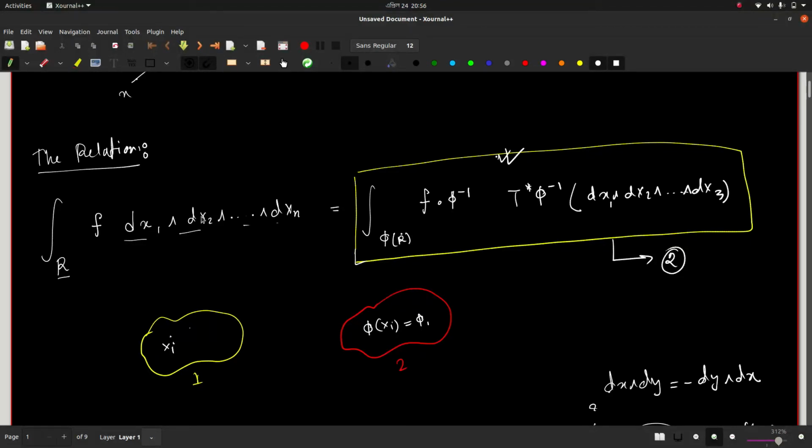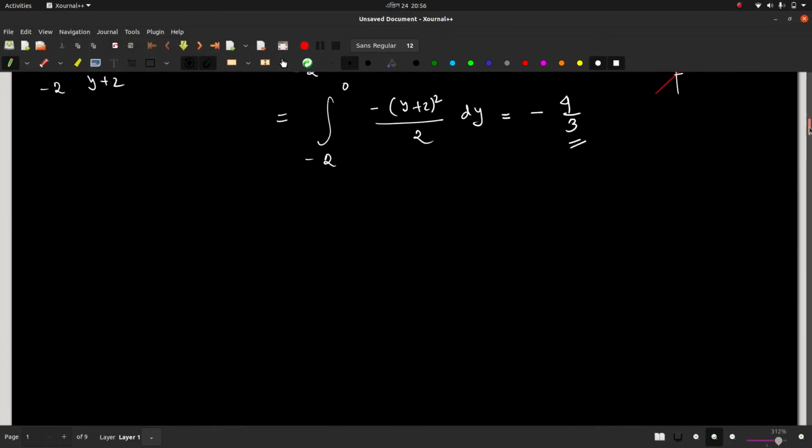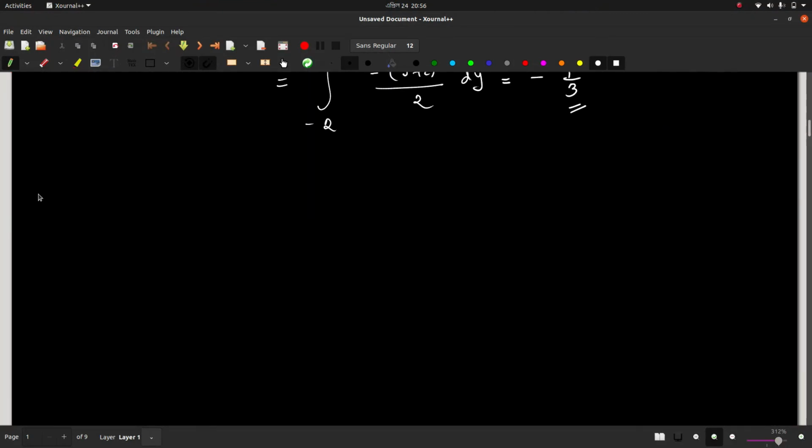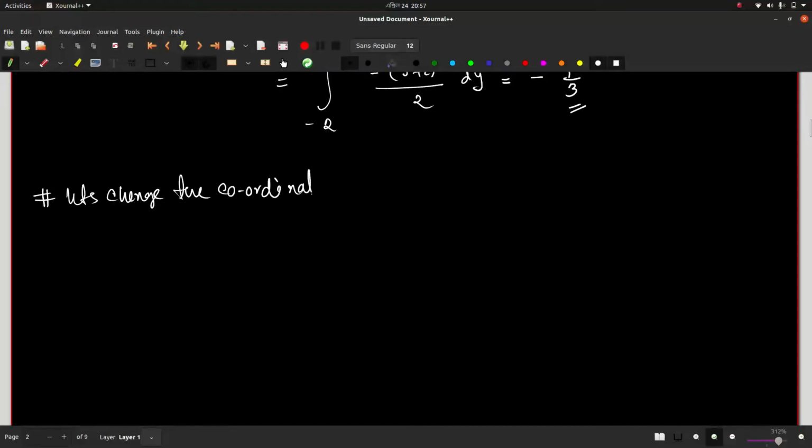So now what we can do is take this integral, but now we want to change the coordinate systems in the following way.